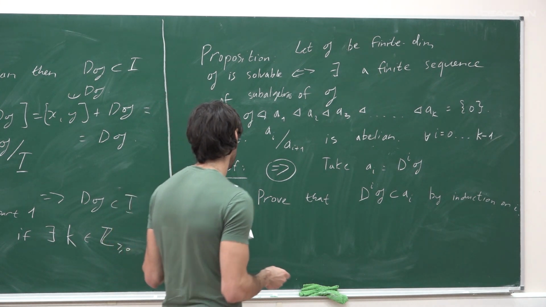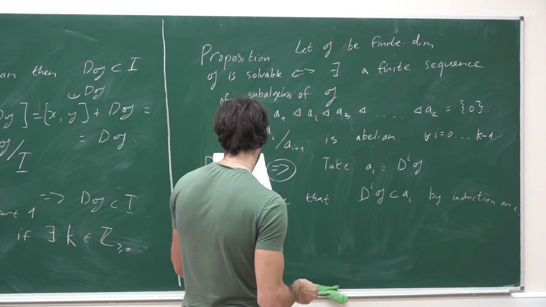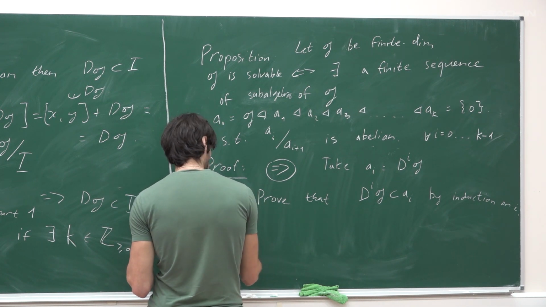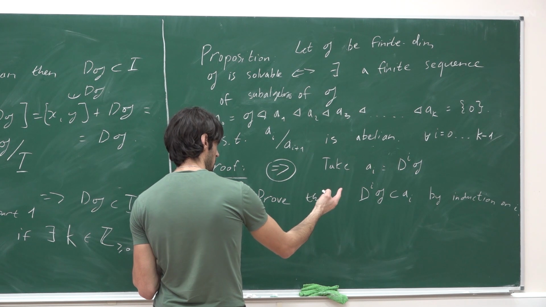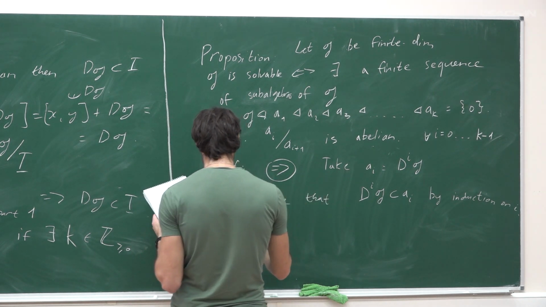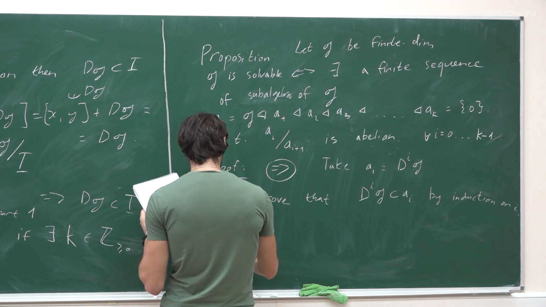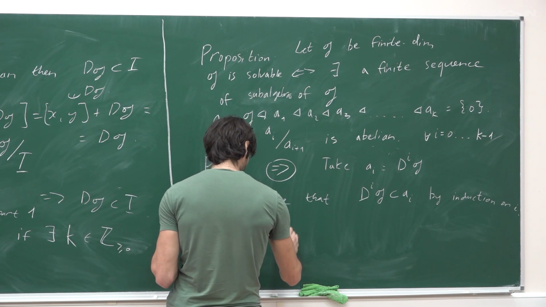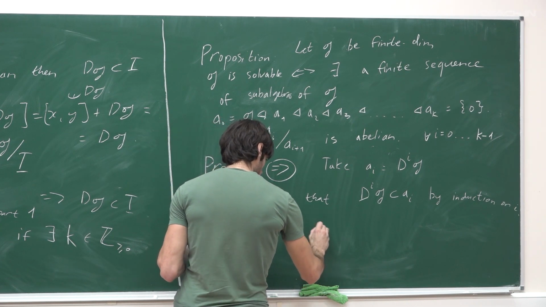First of all, d^0 g is g, and A0 is g, so the base is obvious. And then I have d^{i+1} g. By definition, it's just d of d^i g.